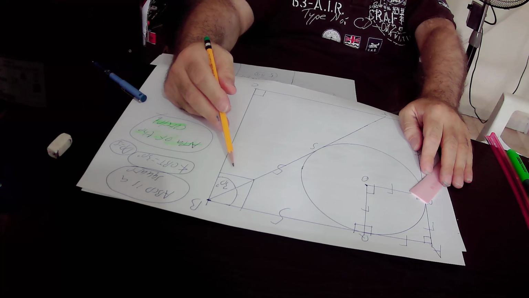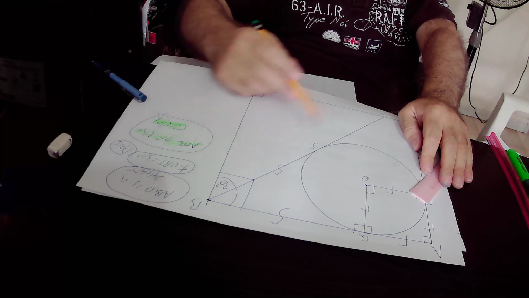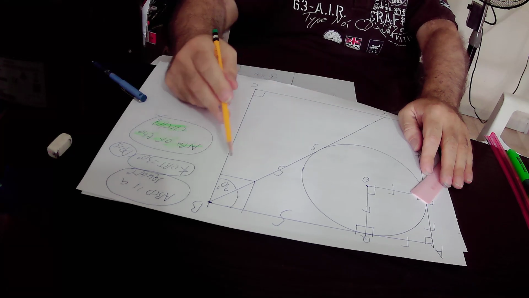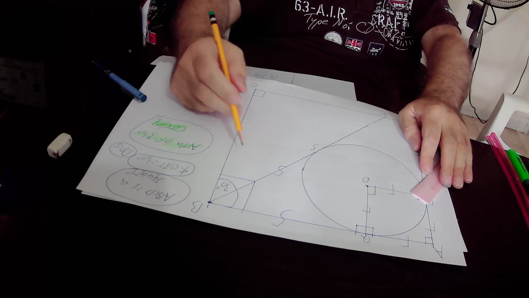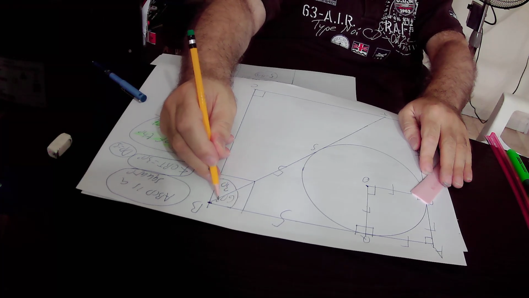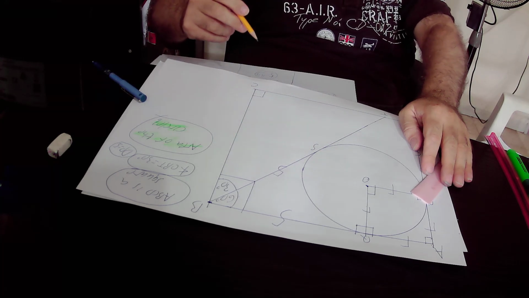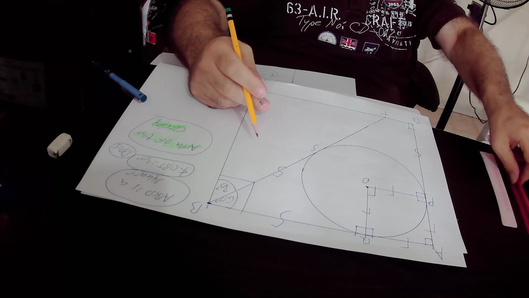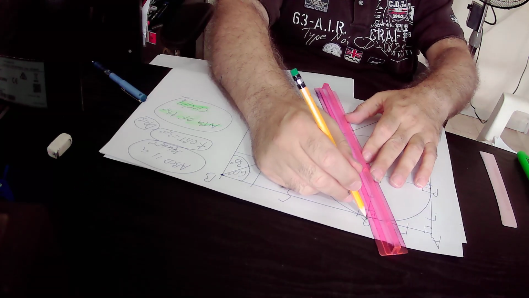That is to say, it is equal to angle ABC, that is 90 degrees, minus angle TBC, that is 30 degrees. 90 degrees minus 30 degrees is equal to 60 degrees. So angle QBS equals 60 degrees. The next step, we will join points Q and S together by a straight line.